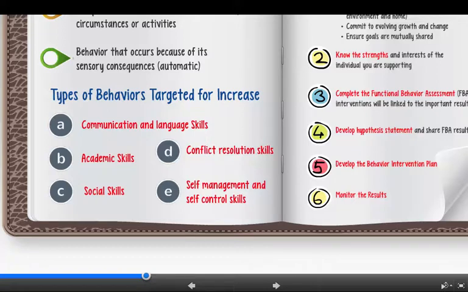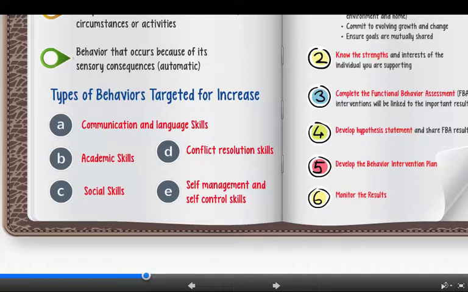You'll also be targeting academic skills and the improvement in academic skills. What academics? Well, reading, writing, mathematics, for example. For those of you here that will be working in school-based settings, the academic focus is perfectly appropriate.